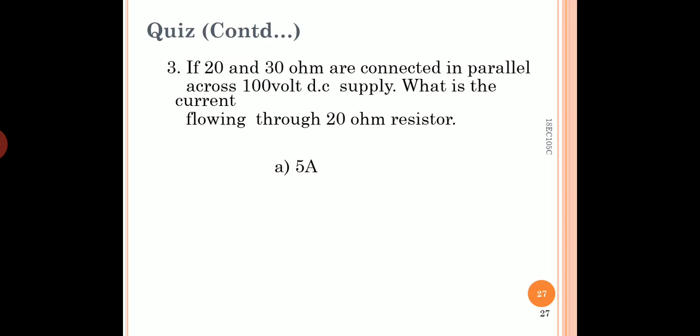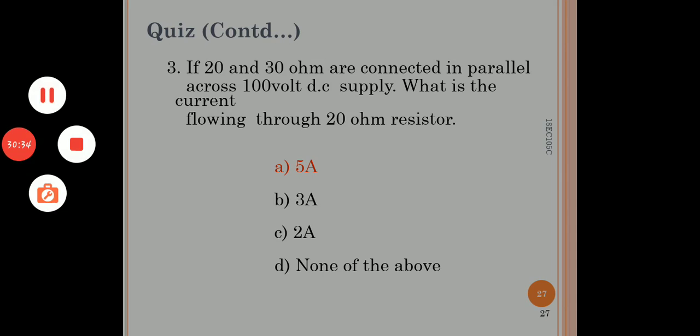Choice A is 5 amperes, choice B is 3 amperes, choice C is 2 amperes, then D is none of the above. So what is the right answer? The right answer is choice A, that is 5. It is simple. 100 volts divided by 20 ohms, 5. That's it.